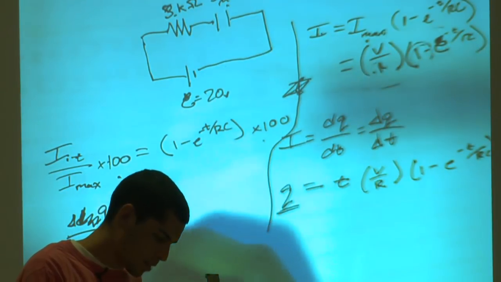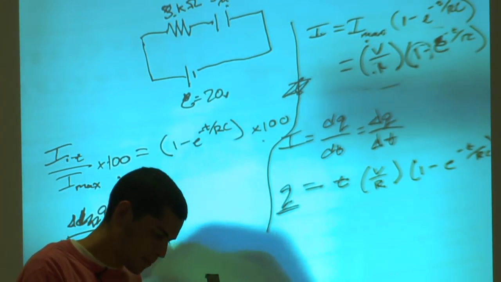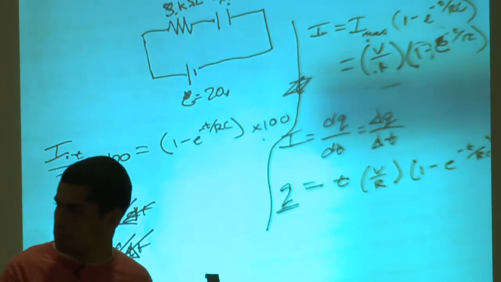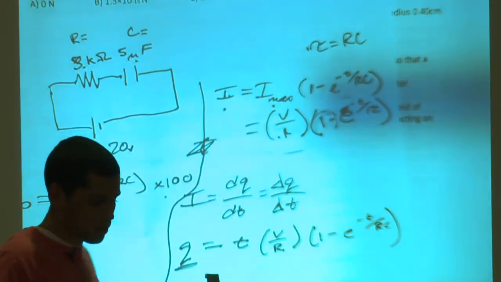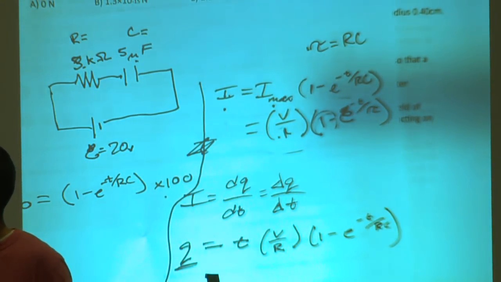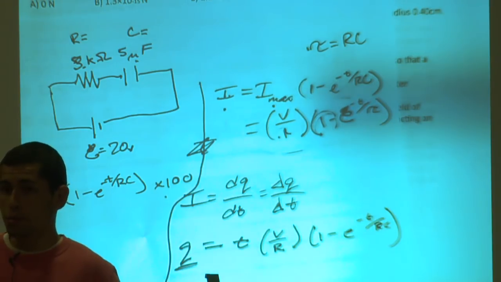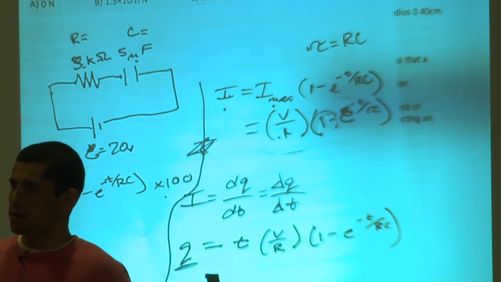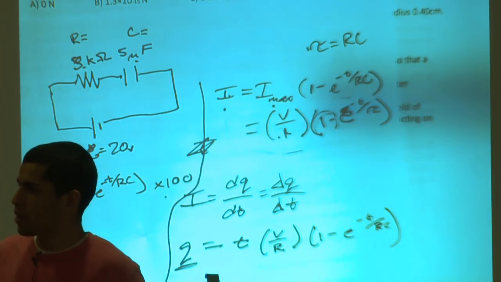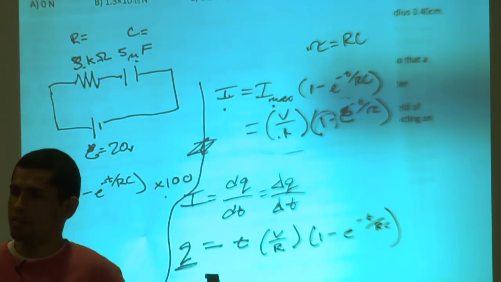But this is dt over dt, so the change in time will cancel, and then it's essentially the same thing. So if you had the equation for charge on your formula sheet, you can just start off with that one. But if you're just given the current equation, then you'd have to derive it.